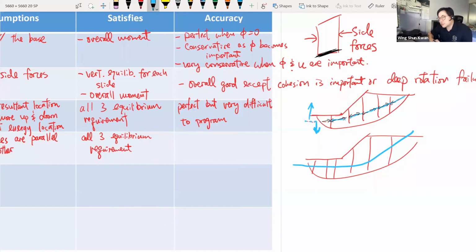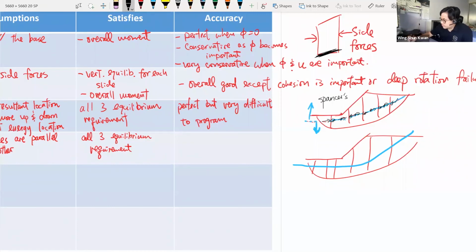So you keep searching for a line, so this is the Spencer method. At the end of the day, each force right there is parallel with each other.